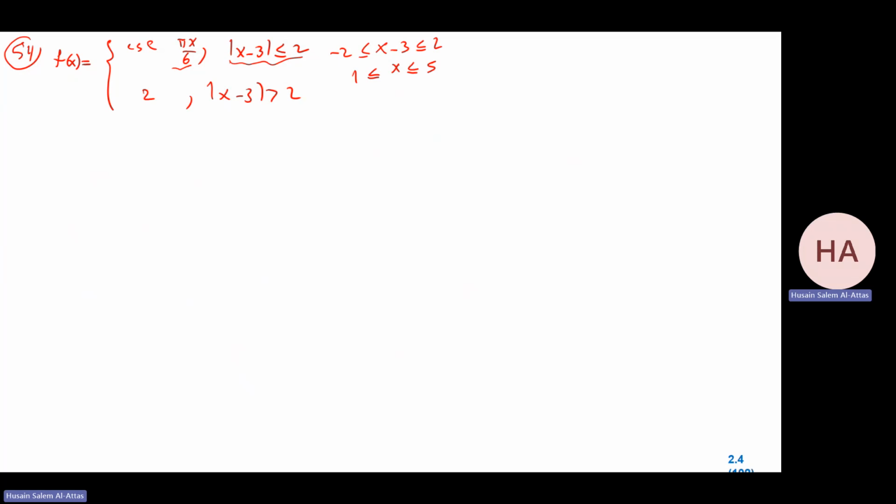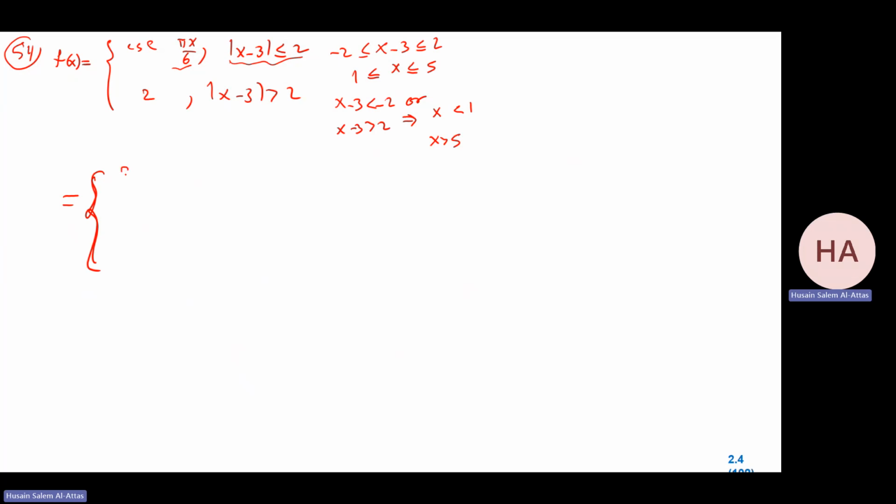So it's defined. Here we have x minus 3 less than -2, or x minus 3 greater than 2, which is what? X less than 1 and x greater than 5. So my function is what?